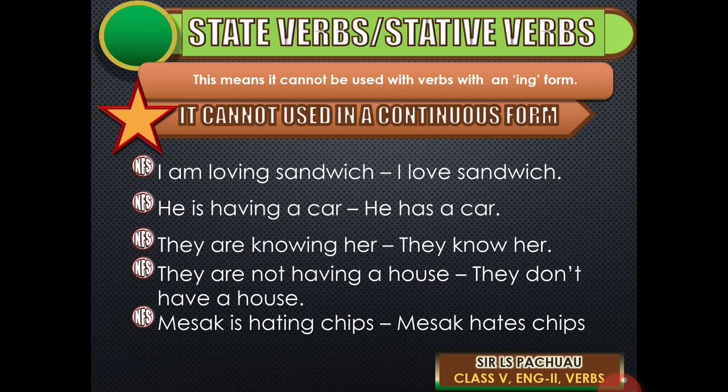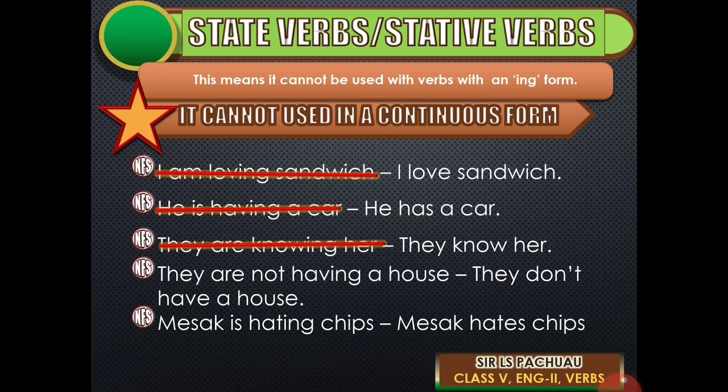But when you are going to write it down, do not use I am loving it or he's having a car. Instead of I am loving sandwich, the correct one is I love sandwich. He is having a car also, the correct one is he has a car. They are knowing her is not correct.